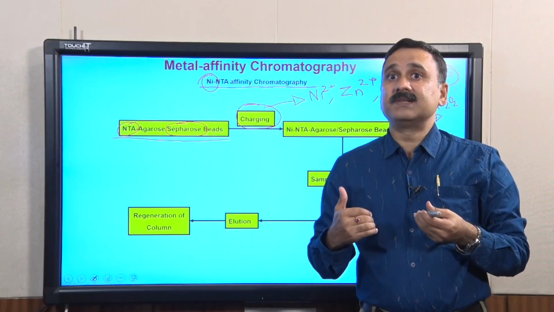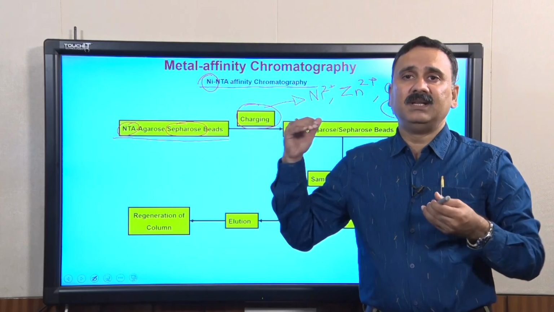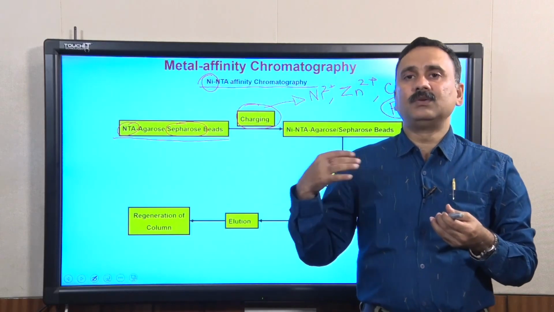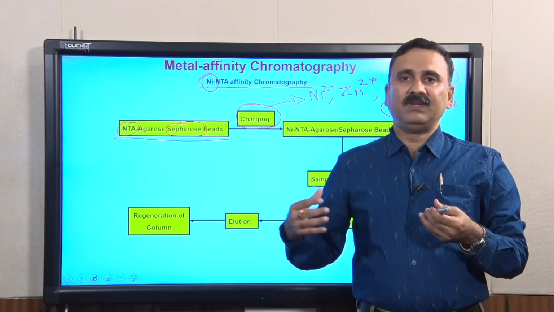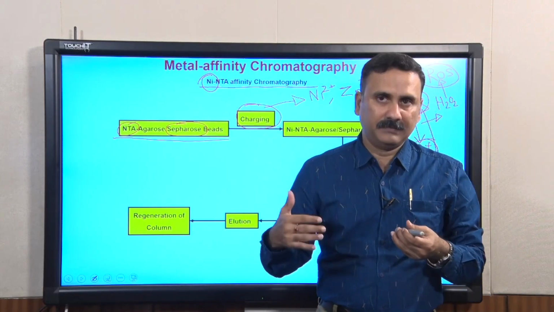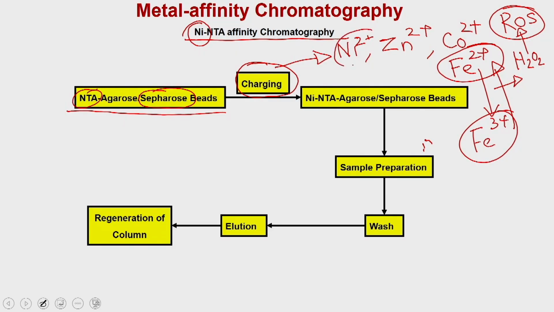If these free radicals are generated, they are going to oxidize the amino acids present on your protein, damage some of these amino acids, and ultimately damage the protein as well.